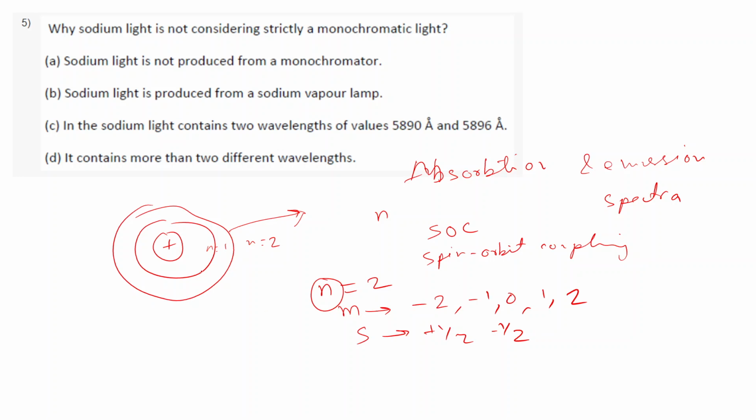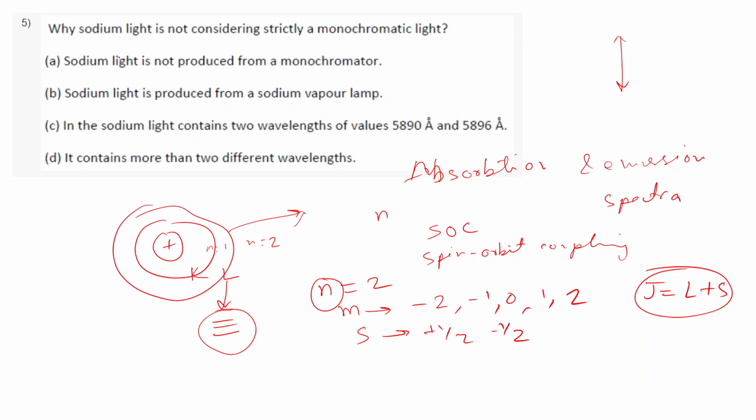So it's not only n equal to 1 or n equal to 2. There are sub energy levels here, depending on the j that we calculate. There are finer sub levels corresponding to these K, L, M, N shells, and because of this splitting of the energy level, we don't always get one absorption wavelength or one emission wavelength.